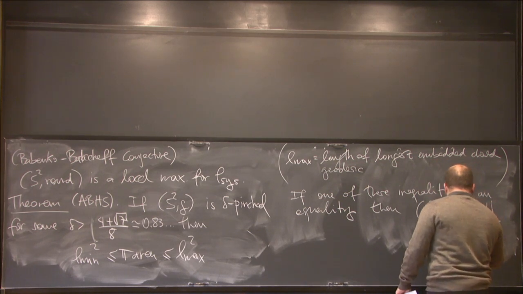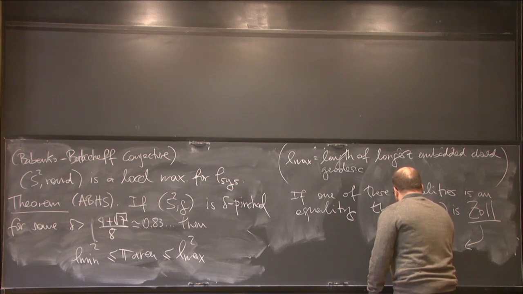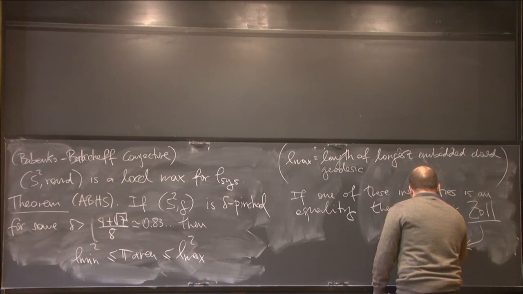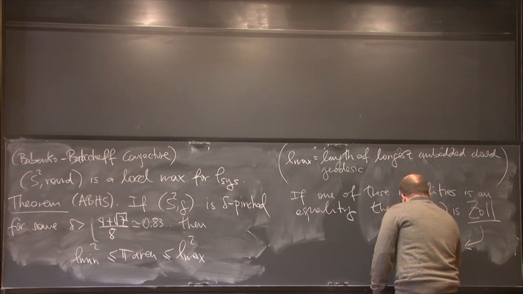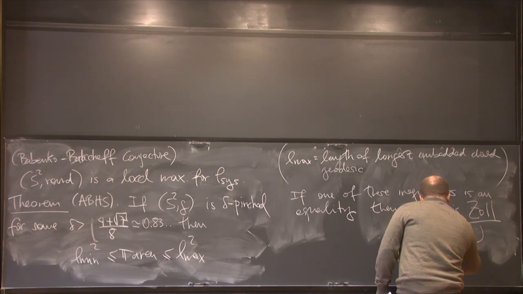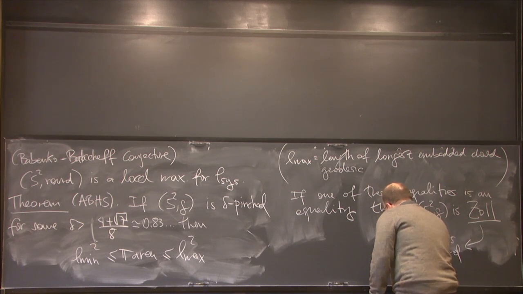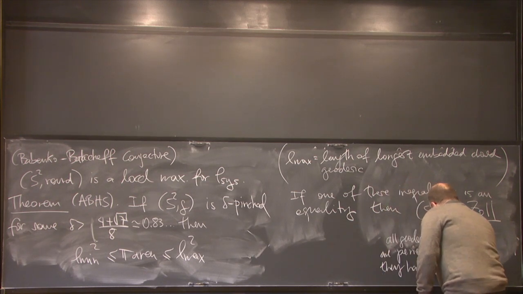And by a Zoll metric, I mean one for which all geodesic rays are periodic, and they have the same length.